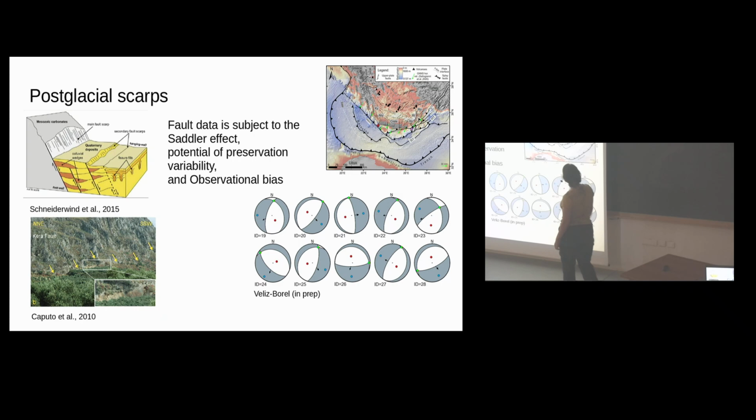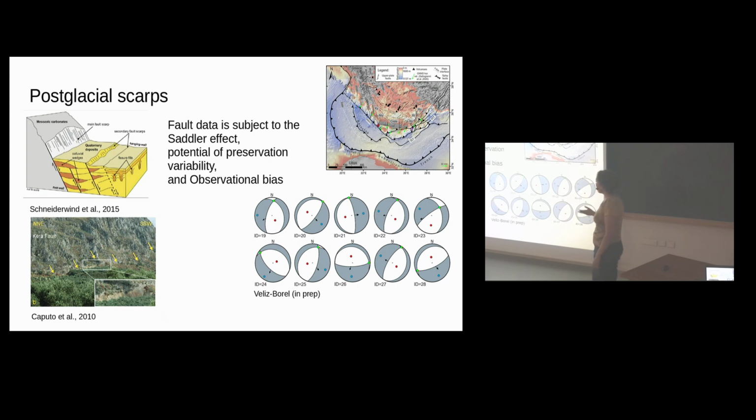For example, in Kythera, I measured 16 active faults, because most of the rocks there are very competent and can preserve these scarps. But in Rhodos, which is twice or three times the size of Kythera, I measured only 7 faults because it's mainly soft sediments, so the postglacial scarp is not preserved.